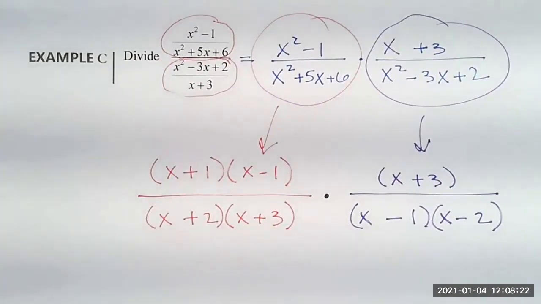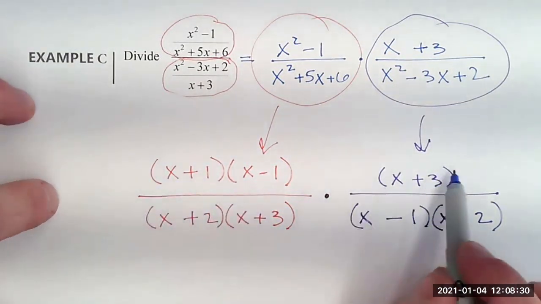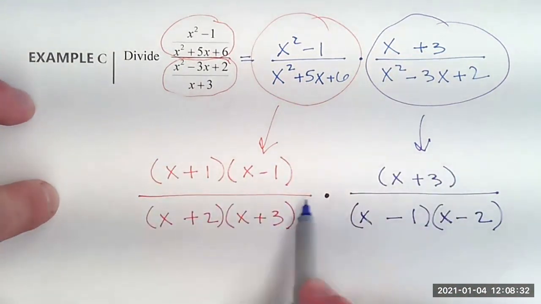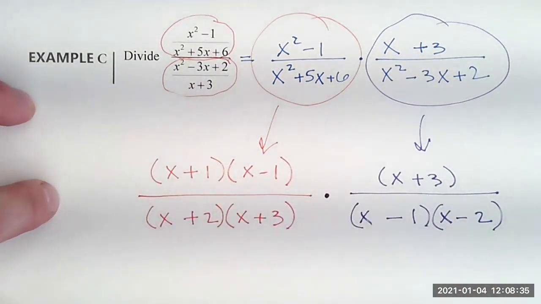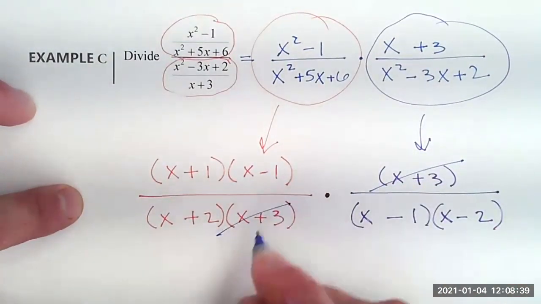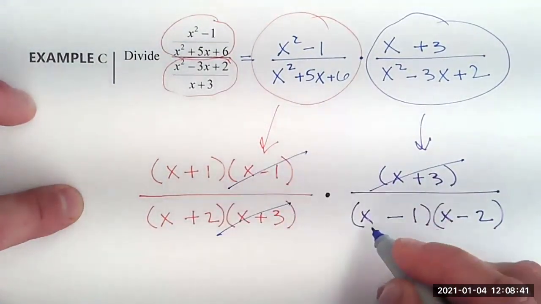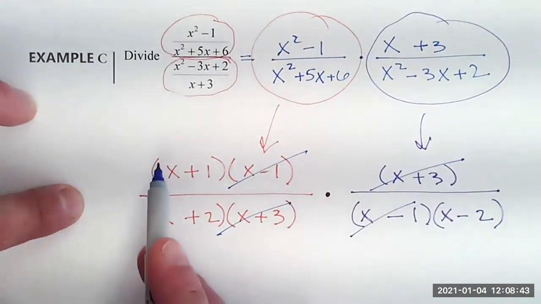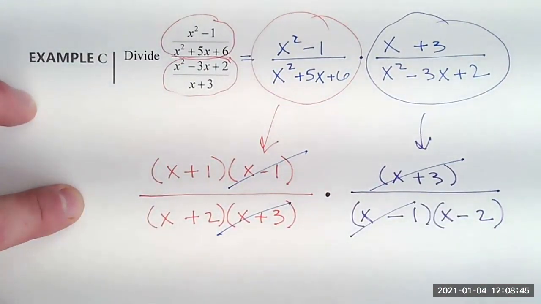Now comes the fun part. You get to cancel out anything that is common in the numerator and denominator. This is the product here in the numerator, product here in the denominator. But we can cancel out x plus 3 and x subtract 1. And that looks like it.